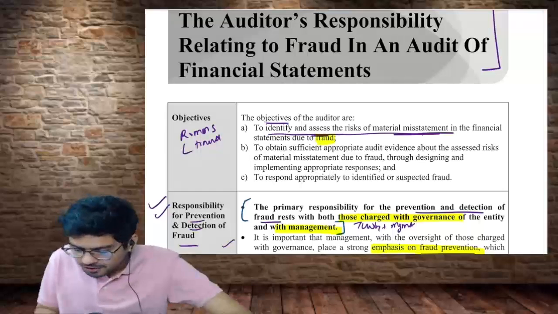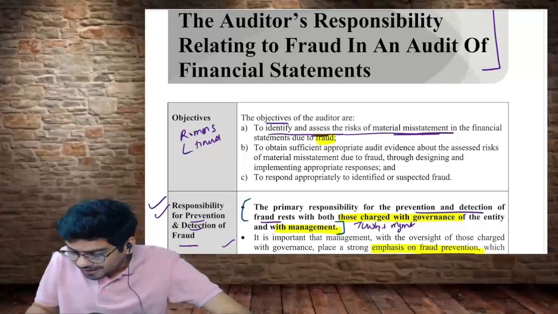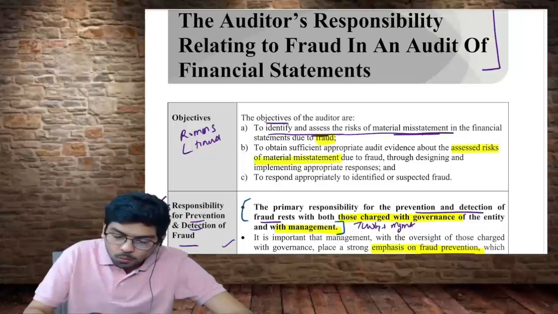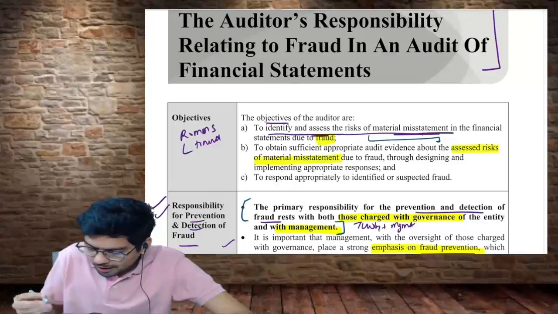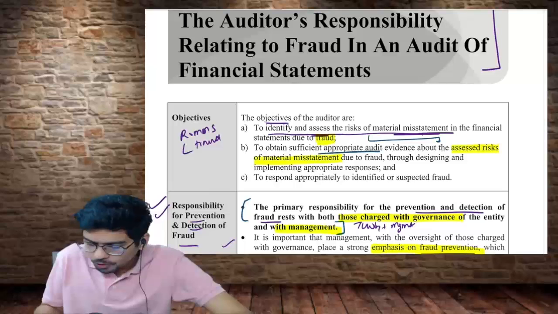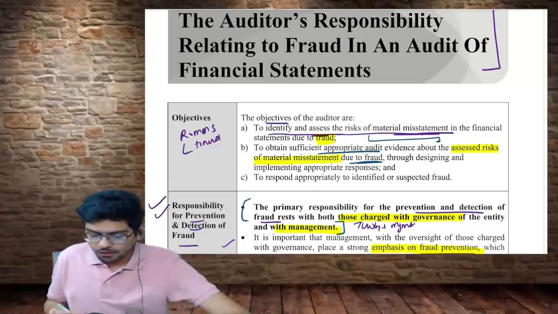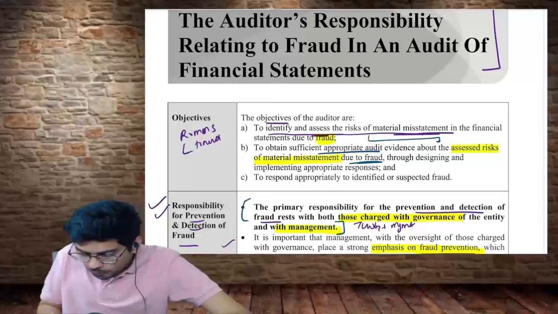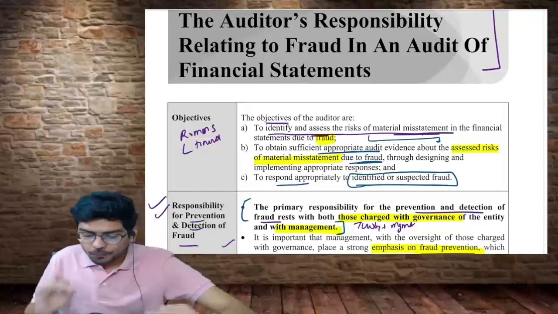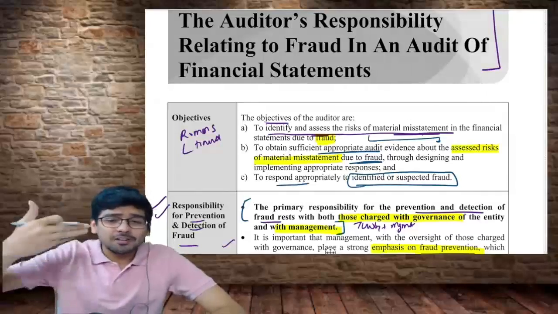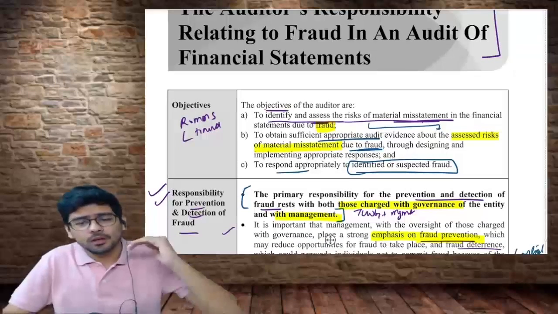Then to obtain sufficient and appropriate audit evidence about the assessed risk of material misstatement. Whatever RoMMs we have identified, we are going to try and obtain sufficient appropriate audit evidence with respect to the fraud. And finally, to respond appropriately to the identified or suspected fraud. Now you know which is the standard wherein we identify RoMMs.